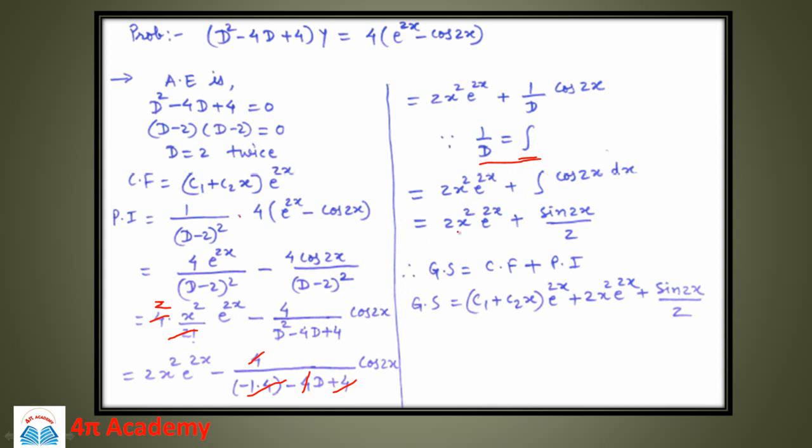So that will be 2x square into e raised to power 2x plus integration of cos 2x is sin 2x by 2, and hence the general solution will be complementary function plus particular integral. So this is the complementary function, plus particular integral 2x square into e raised to power 2x plus sin 2x by 2. So this is my particular integral, this is my complementary function, and this is the complete or general solution.